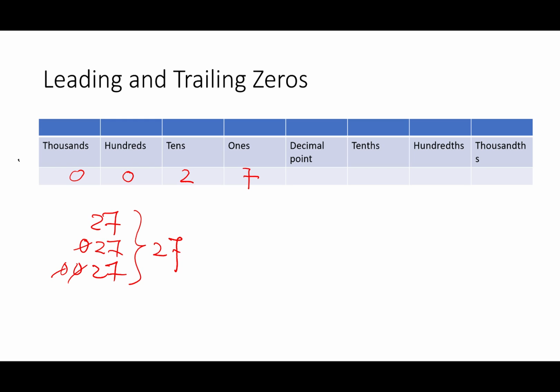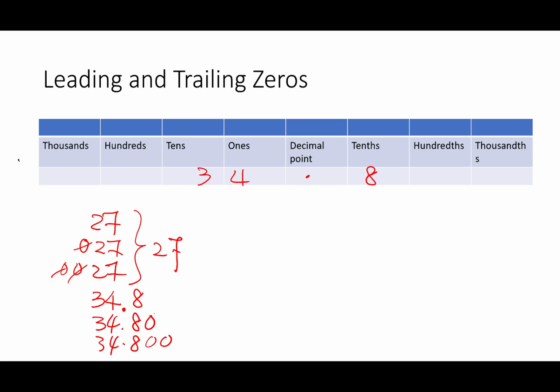How about a 0 behind a decimal place? For example, if I have 34.8, 34.80, 34.800. To understand whether the 0 behind a decimal has any value or not, we can put in 34.8.